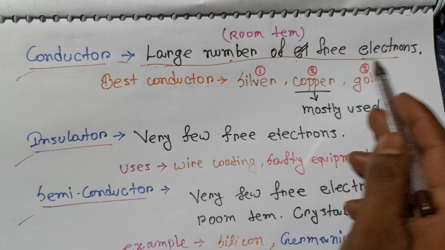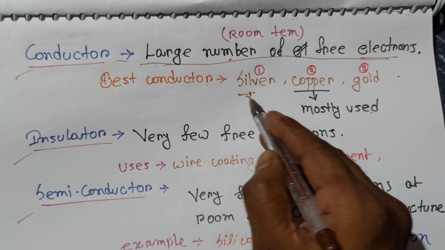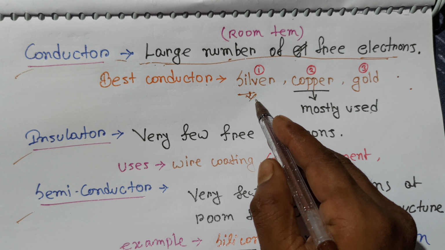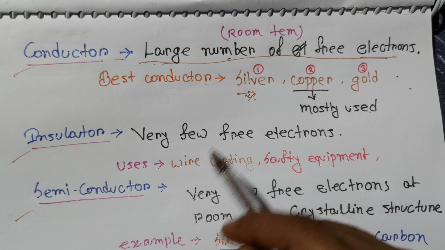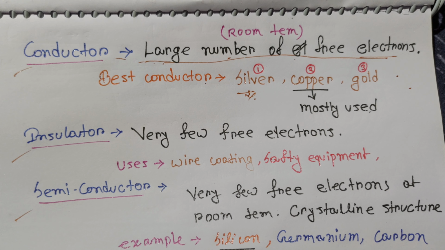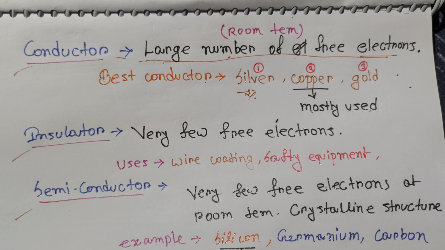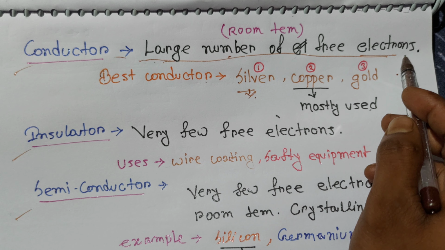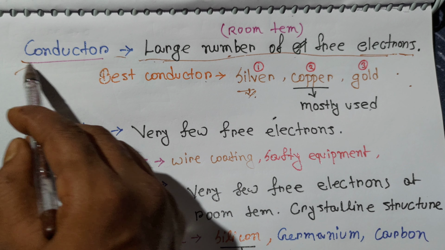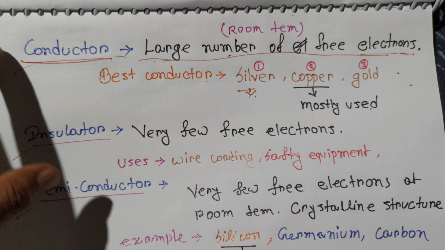Look, silver has so many free electrons in the last orbit of its atoms, or we can directly say that silver has a large number of free electrons. When there is a large number of free electrons, that object is called a conductor.